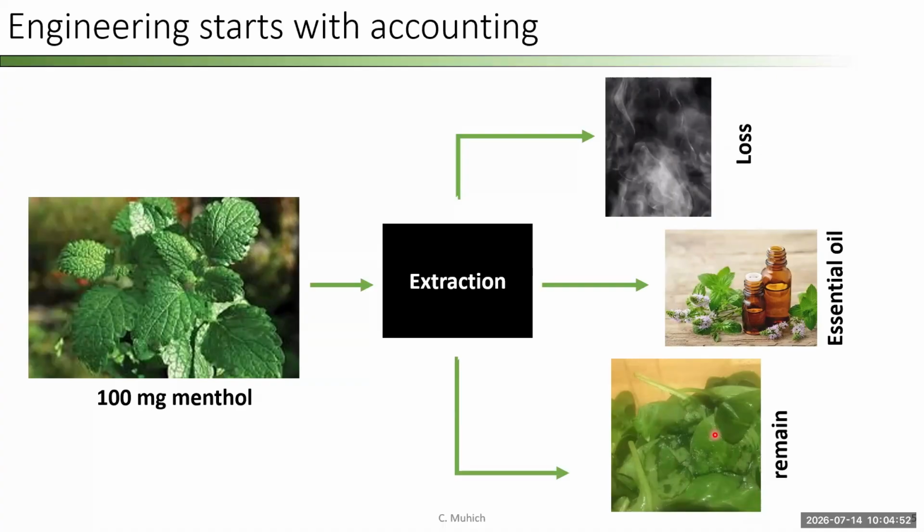So we need to think about our processes in accounting for where all of that material goes. Because no matter what we do, no process is 100% effective. And when I mean 100% effective, I mean if we start with 100 milligrams of menthol, we will not end up with 100 milligrams of menthol in our collected product.